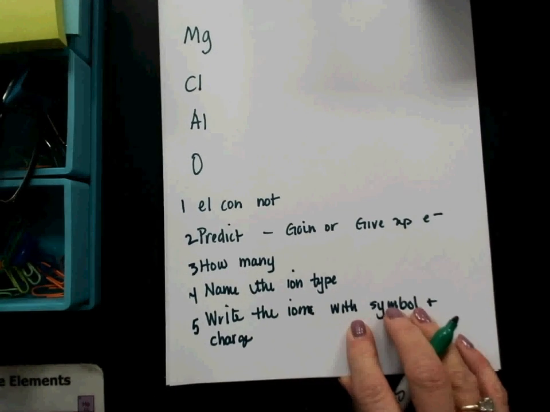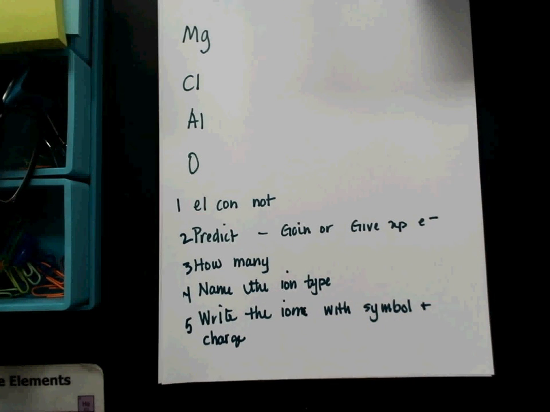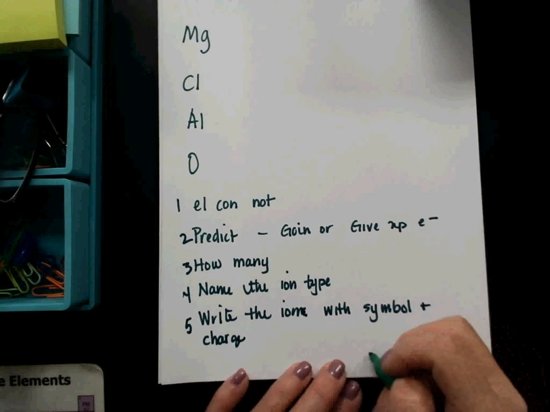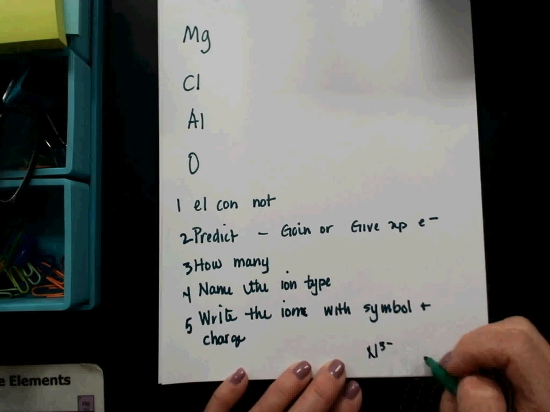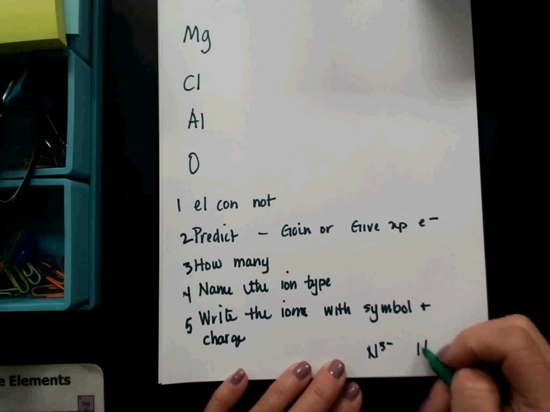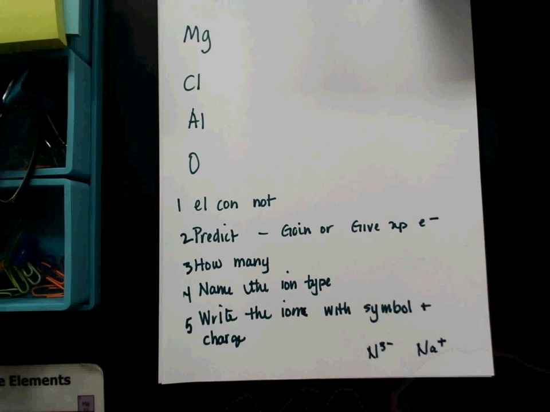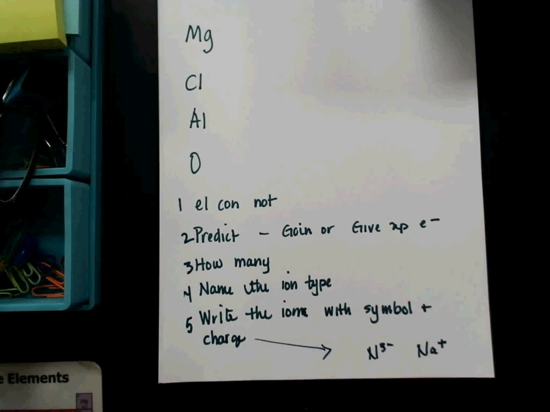So we've got 1, 2, 3, 4, 5 things to do with those. Write the ion symbol with charge, like, what did we just do? Like, I just gave you N 3 minus, Na plus. That's what I mean by that. Okay? Questions about what you're supposed to do? All right, let's break into lab break to do it, and then we'll come back together.